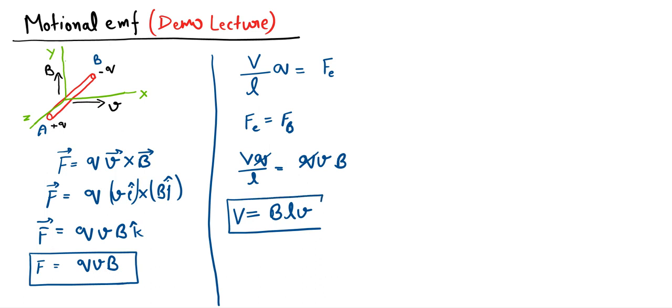So the potential developed across the terminals of the conductor, that is the end points of the conductor, is given as V equal to BLv, that is magnetic field multiplied by length multiplied by velocity. This is the motional EMF.